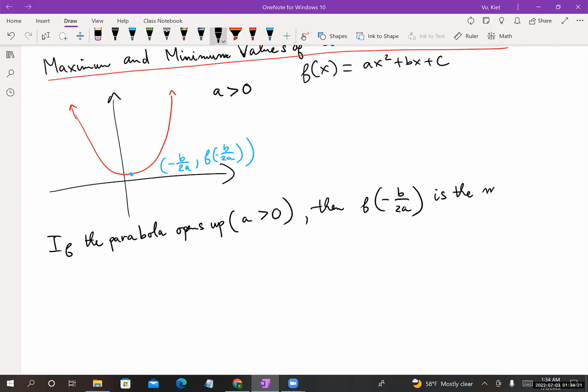It is the minimum value of f, the lowest point on the graph.